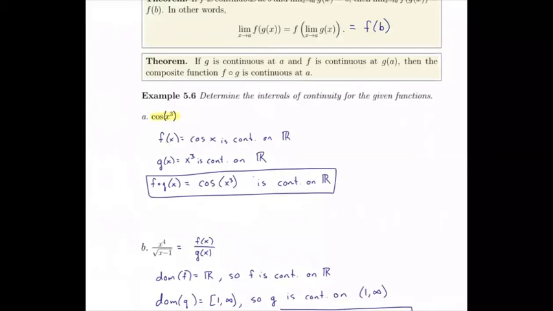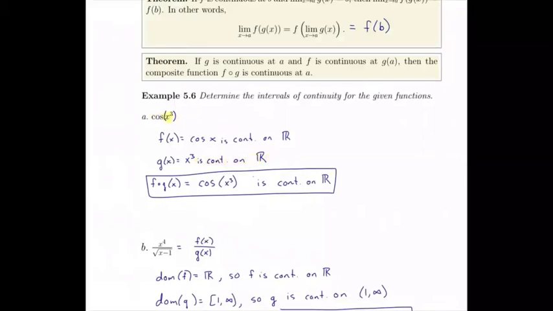Cosine of x cubed. So now we've taken the function x cubed and plugged it into cosine. The outer function f is cosine. We're taking the cosine of something on the outside, right? So that's f. We know that cosine of x is continuous on the set of real numbers. g of x is the inner function, in this case x cubed. x cubed is a polynomial, and we know it's continuous on the set of all real numbers.